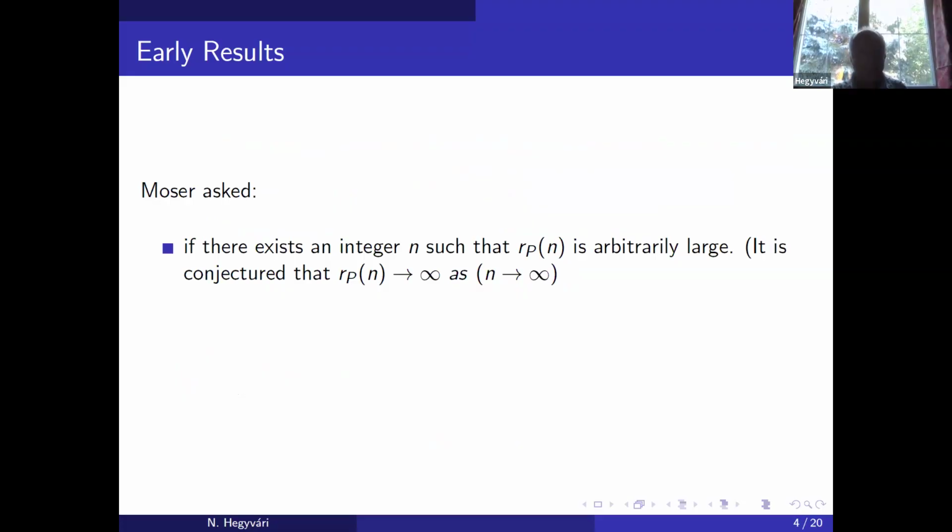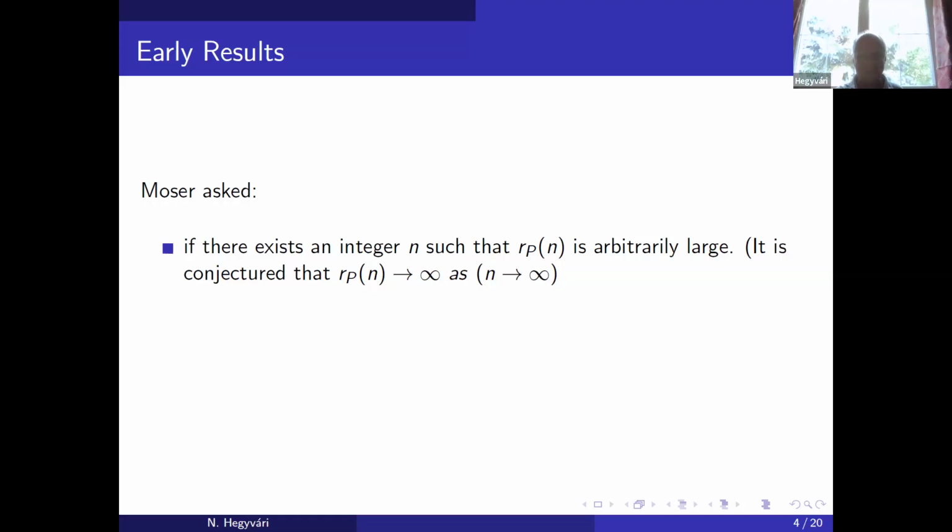Moser also asked some other questions which are still open. The first sounds as follows: the representation function of the primes is conjectured to tend to infinity as n tends to infinity, that is, it is arbitrarily large for some integer n.